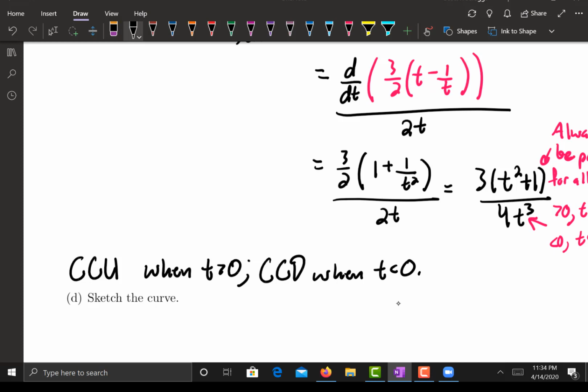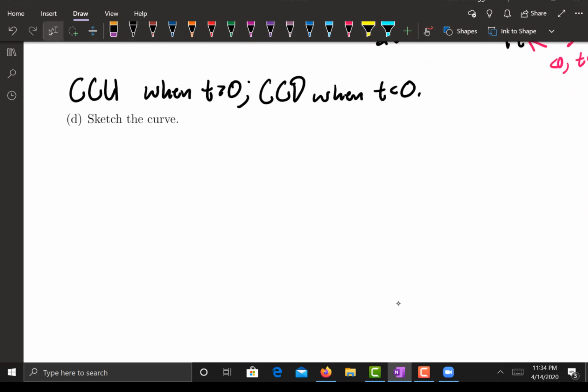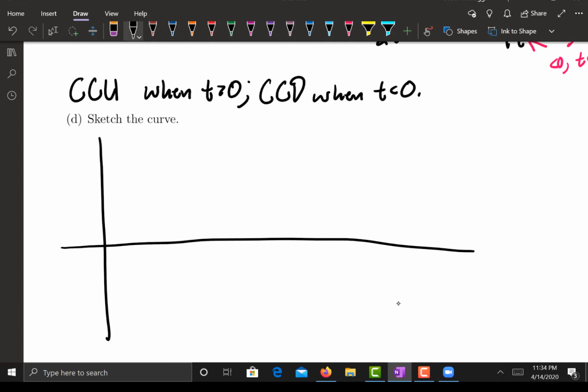And so with that information, let's try to sketch this curve. First, let's plot some points that we know. I know the points at which I should have a horizontal tangent line: at (1, 2) and at (1, -2).